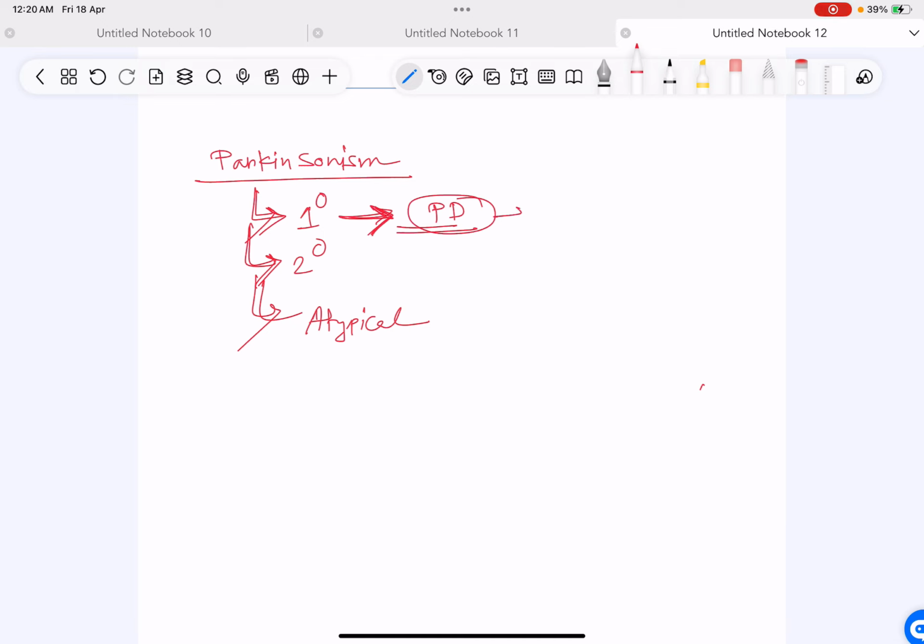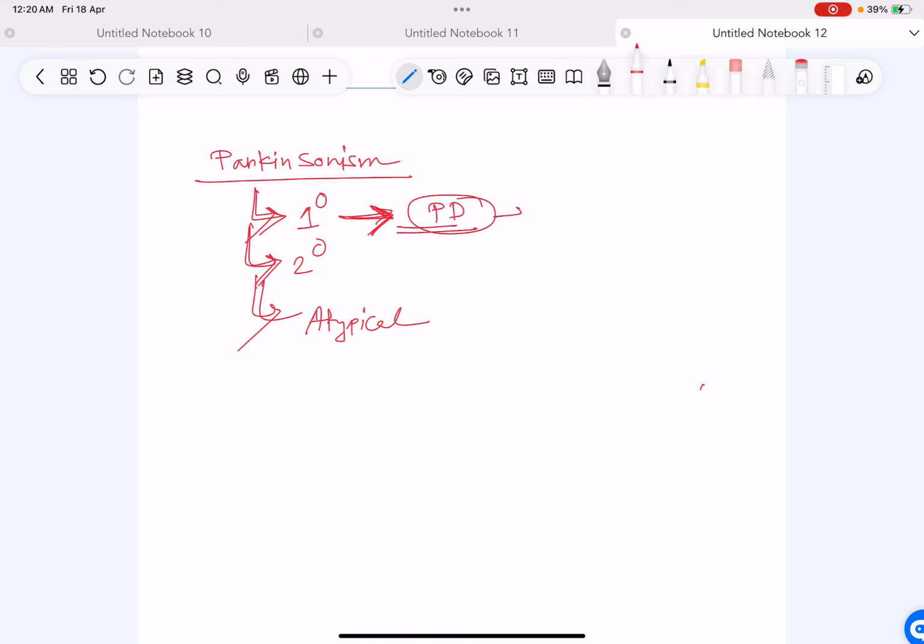I'll give you options: Parkinson disease, multiple system atrophy, PSP, and CBD, corticobasal degeneration. Hot cross bun is seen in MSA, specifically MSA type C. But just remember, hot cross bun sign is seen in MSA. We'll discuss MSA type C later.